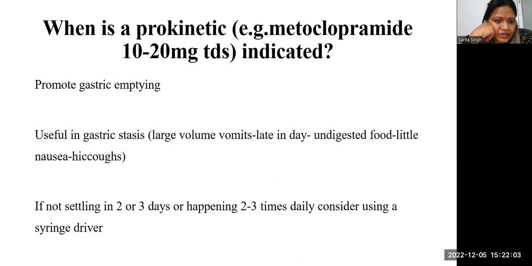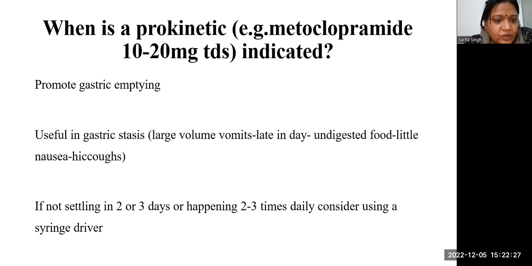When a prokinetic like metoclopramide is indicated, it promotes gastric emptying. The first action of metoclopramide is that it increases gastric motility as well as being an antiemetic. You give metoclopramide when there is gastric stasis. When there is partial gastric stasis, then you can use metoclopramide.